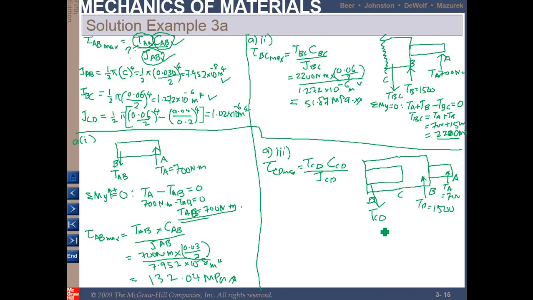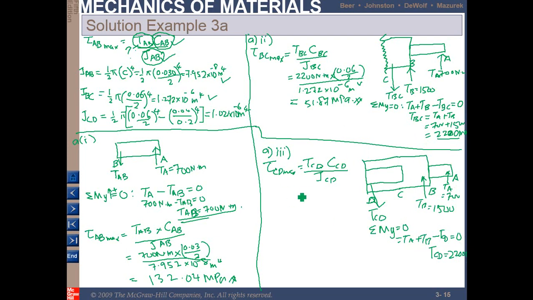So for TCD, the summation of moment in y direction is equal to 0, so it is TA plus TB minus TCD equal to 0. So TCD is 2200 Newton meter, the same as TBC.